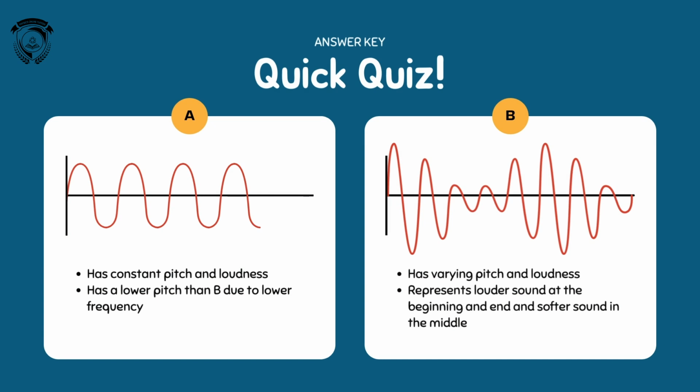Due to the lower frequency. The B one has a higher pitch and loudness because it has a higher frequency. It also represents a louder sound at the beginning and at the end, but there's a softer sound in the middle.